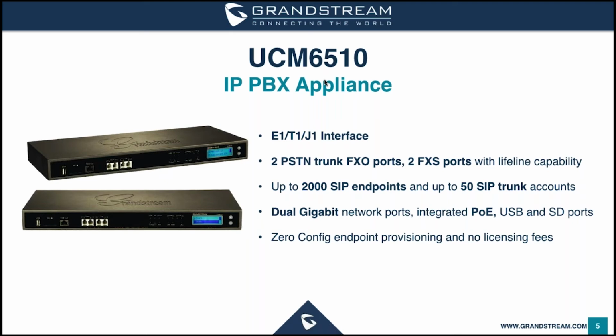If you are in the US, you're going to go ahead with T1, Europe, E1, Japan, J1. And this model includes only 2 FXO ports and 2 FXS ports. It supports up to 2,000 SIP endpoints, and it includes dual gigabit network ports. And this model doesn't need any licensing fees.